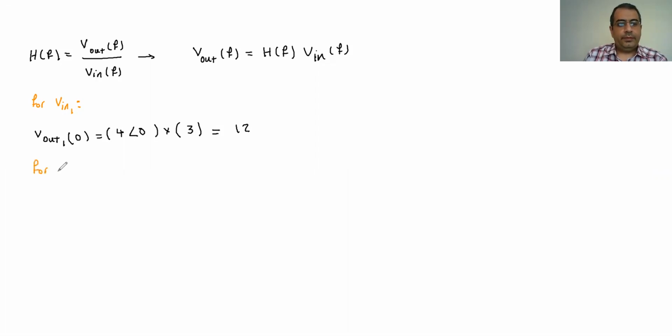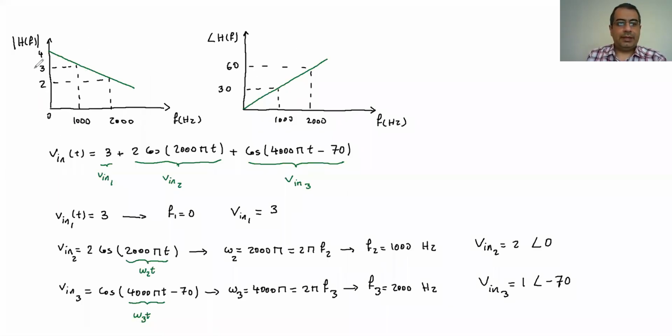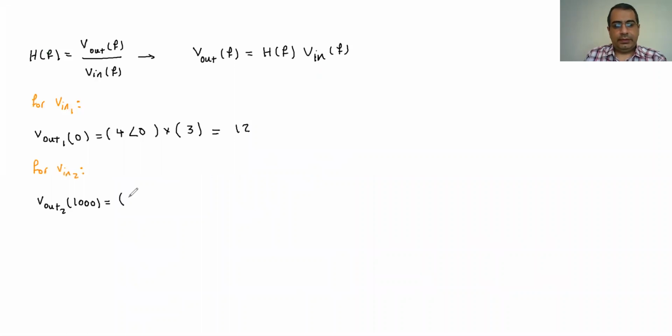For the second sinusoid that we have, the output of that, the second one has a frequency of 1000. So we have H of f at 1000. The H of f at 1000 has a magnitude of 3 with an angle of 30.